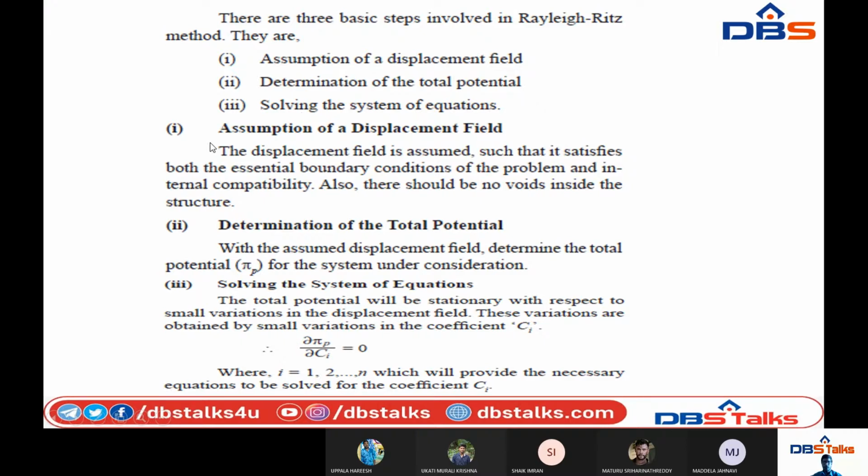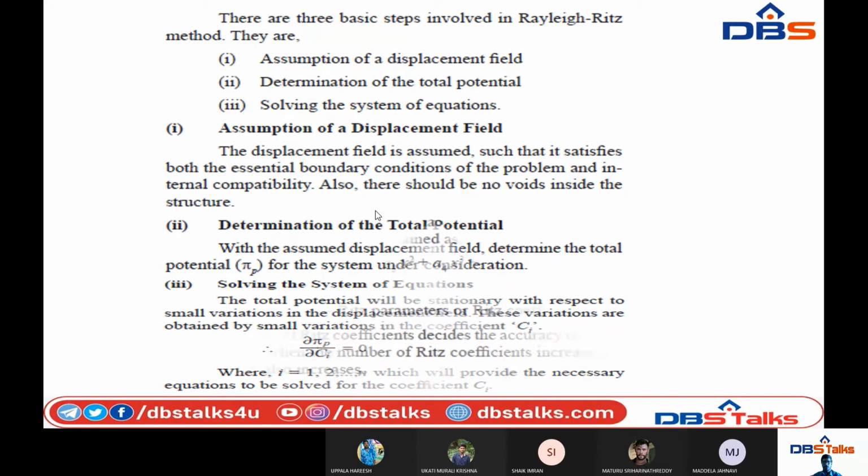Coming to the first step, we have to assume a displacement function, that means y of x. We have to assume the displacement field or function y of x. These are very essential boundary conditions of the problem and internal compatibility. After that, the second step is the determination of total potential.